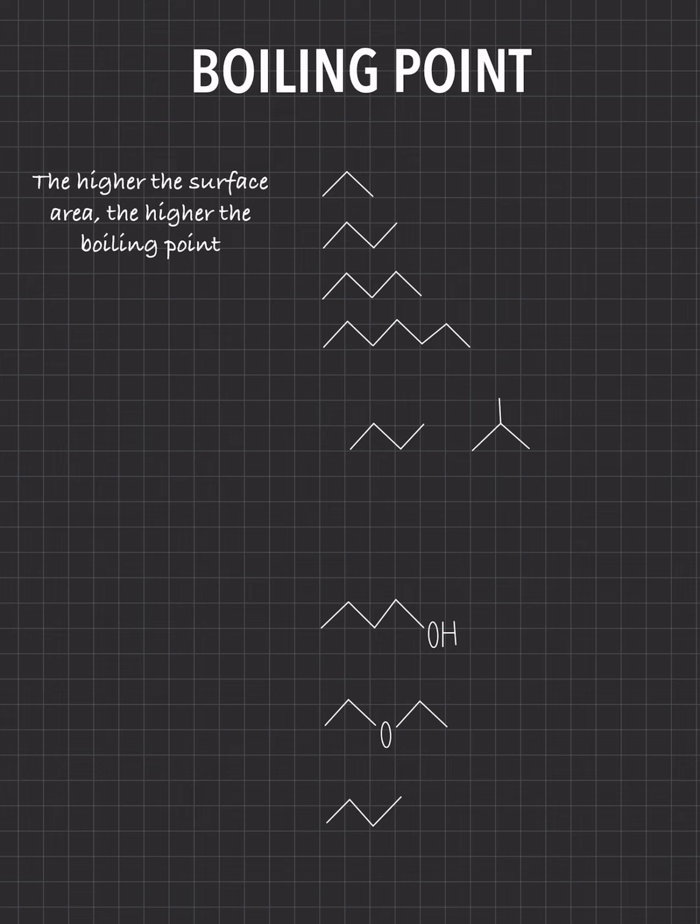And that's going to lead to a higher boiling point. So just to prove to you, propane is around negative 44 Fahrenheit, butane 30 Fahrenheit, pentane 97 Fahrenheit, and heptane around 209 Fahrenheit.